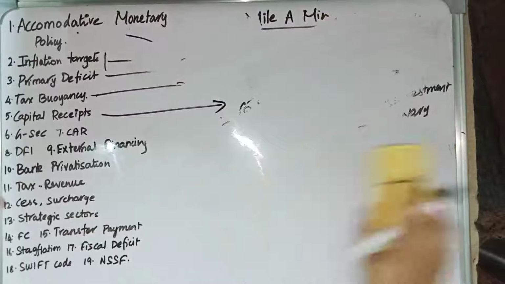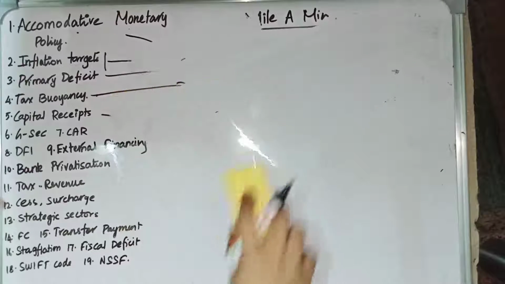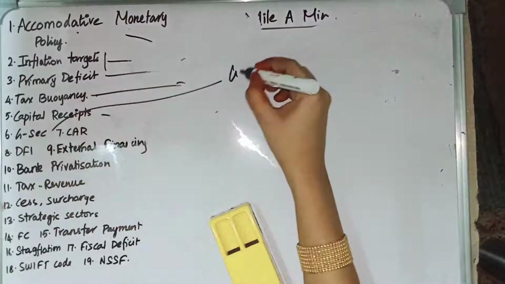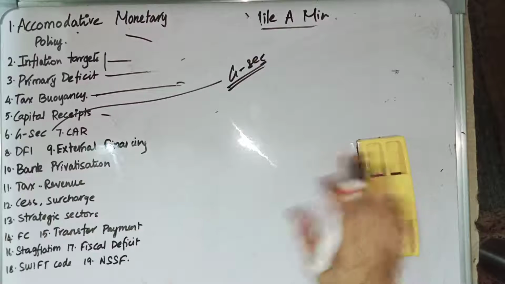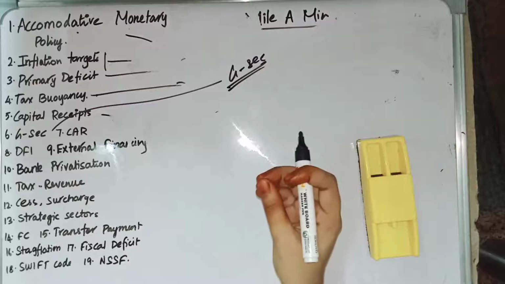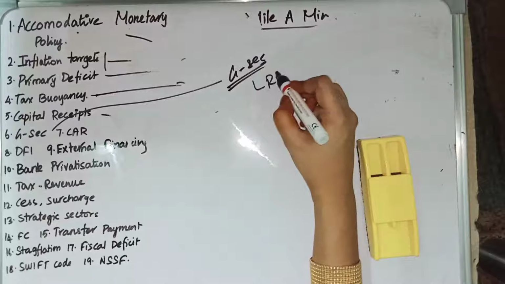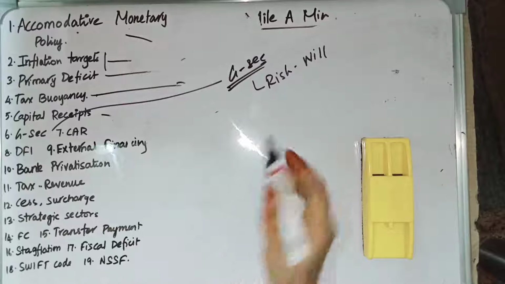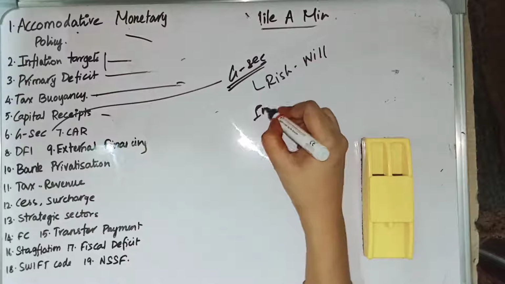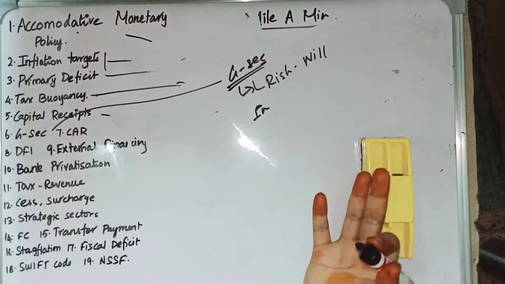Then we have GSEC. GSEC is nothing but government securities. Government securities are considered the safest form of investment and the risk is almost nil. There will be a fluctuation in interest rate, but still it is considered the safest form of investment.